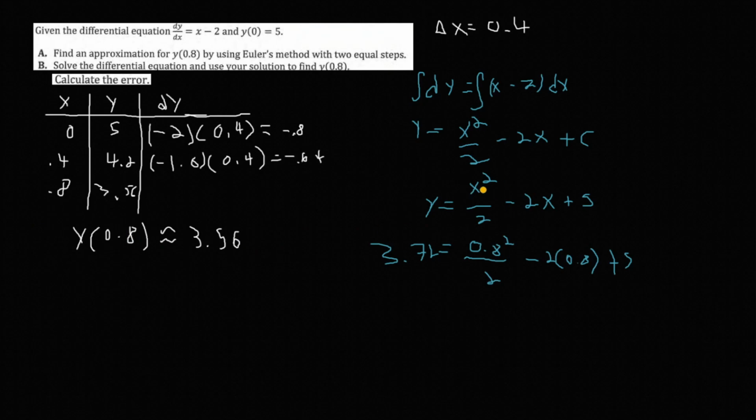So the actual from the actual calculus is 3.72, so error is going to be 3.72 minus 3.56, which is 0.16.